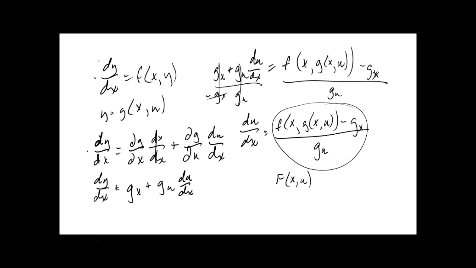So this whole thing here is some new function, F of x and u. So you went from this differential equation, dy/dx equal f of x, y, to a new equation with a new dependent variable u rather than y, and du/dx is now some other function, capital F of x and u.